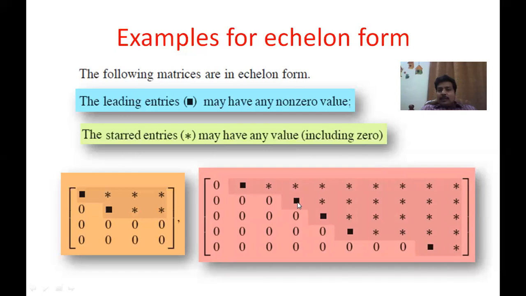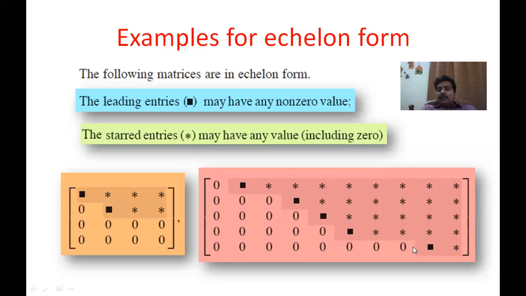It is to the right of the previous leading entry, and all the entries below it are zeros. And this is another leading entry, which is again to the right of this one, and all the entries below this leading entry are zeros. And finally, in the fifth row, this is the first non-zero element, that's why it is the leading entry.